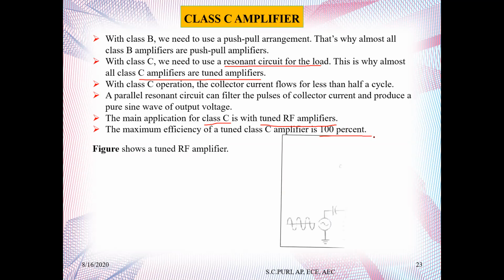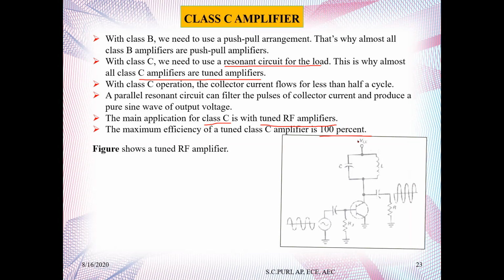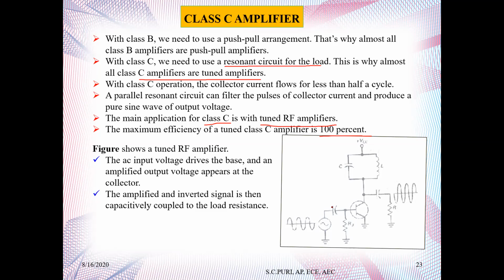If you see here, this is the figure of a class C amplifier. As you can see, a tuned circuit is here. The AC input voltage drives the base, and an amplified output voltage appears at the collector. The amplified and inverted signal, as you can see here, the input signal starts from here, but this output signal starts from the negative side, so it is actually inverted.